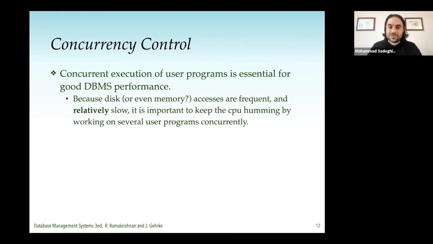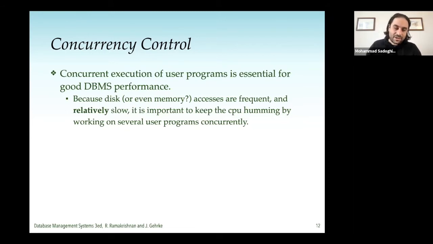So oftentimes your buffer pool was small. That means every time you want to access something, quite often you had to go to the disk. And what's very interesting is how long it takes to grab data from disk versus how long it takes to grab data from memory.